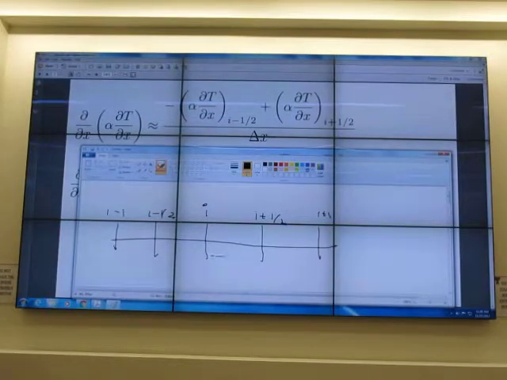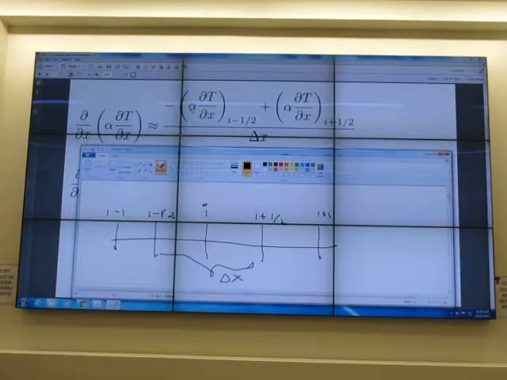The gap here is delta x, right? Same as the gap over here. This is delta x, that's the gap, the interval. So that's why I have the parenthesis at I plus half minus the parenthesis at I minus half, divided by the gap, which is delta x.